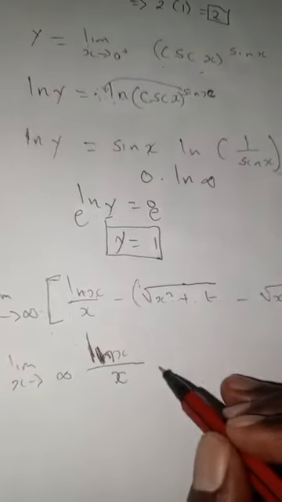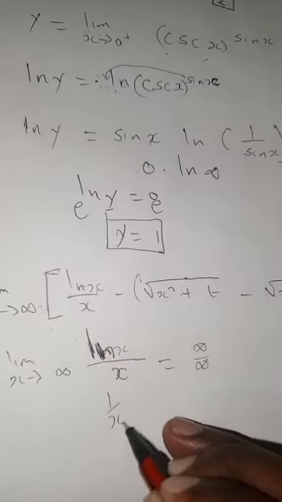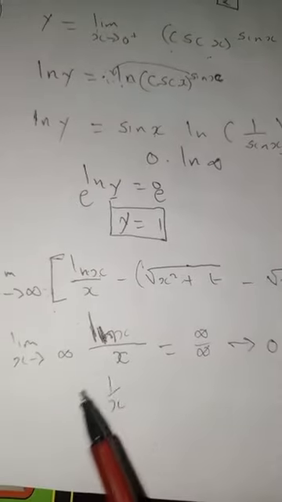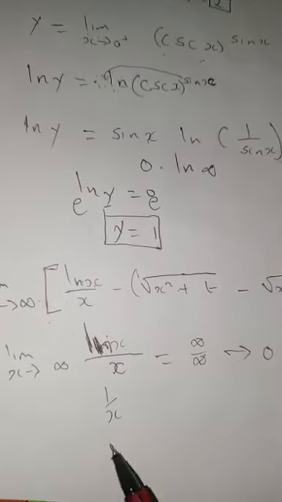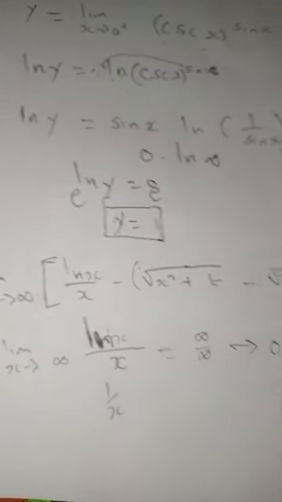L'Hopital's. Now, if you differentiate the top part, you're going to have 1 over x, isn't it? When you differentiate the bottom part, it will be 1. That's why you just need to know that the answer will be 0 always. Applying the limit as x approaches infinite for 1 over x, it will be what? 0. So for this part, just know that it's 0.